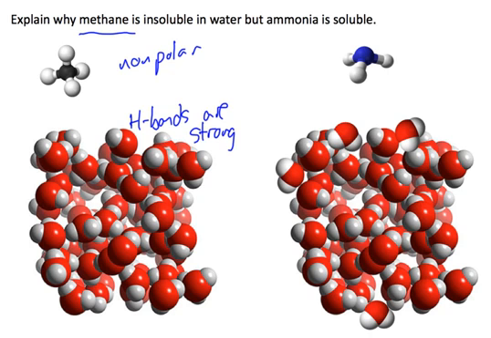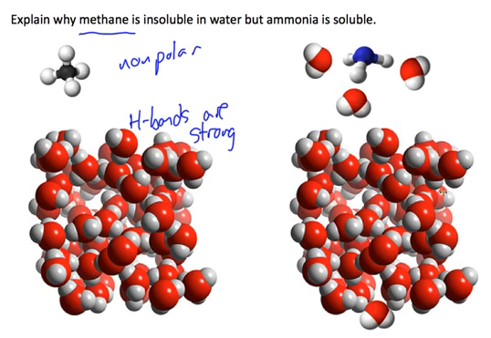Well, what about with ammonia? So ammonia is soluble, and again, here's the reason. We already saw that ammonia has the capacity to form hydrogen bonds, and so it forms hydrogen bonds with water, and so it's going to be able to form these hydrogen bonds with water molecules.